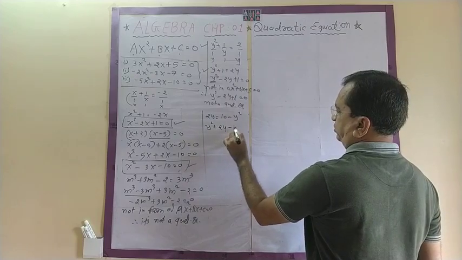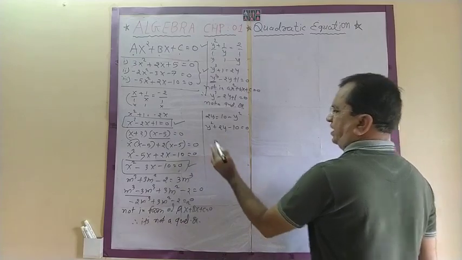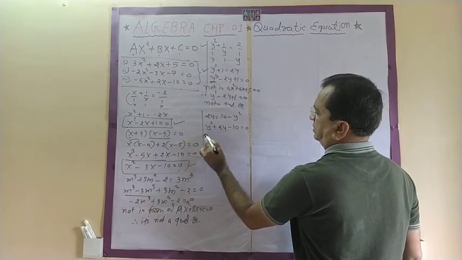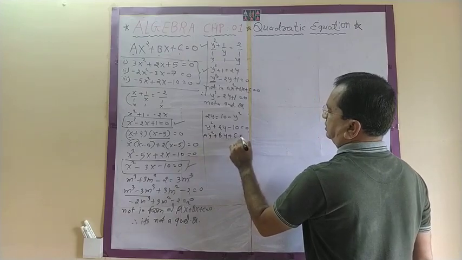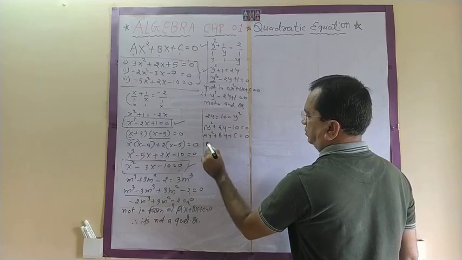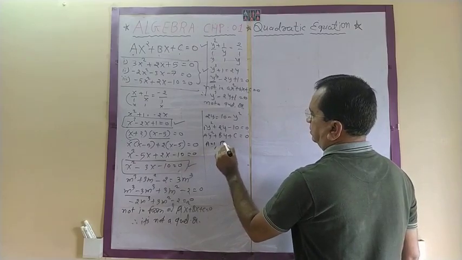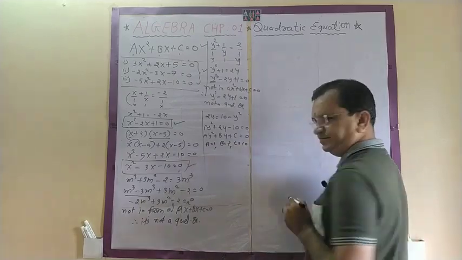This will transfer, so minus 10. Compare with ay square plus by plus c is equal to 0; instead of x they have given y. Nothing is given, so a is equal to 1, b is equal to 2, c is equal to minus 10.